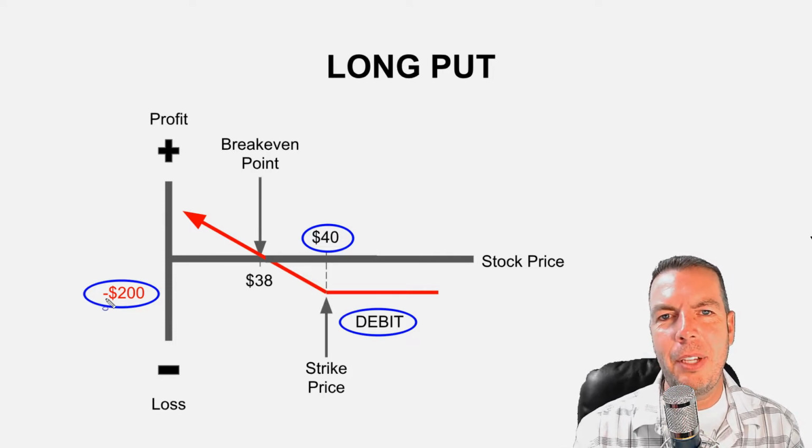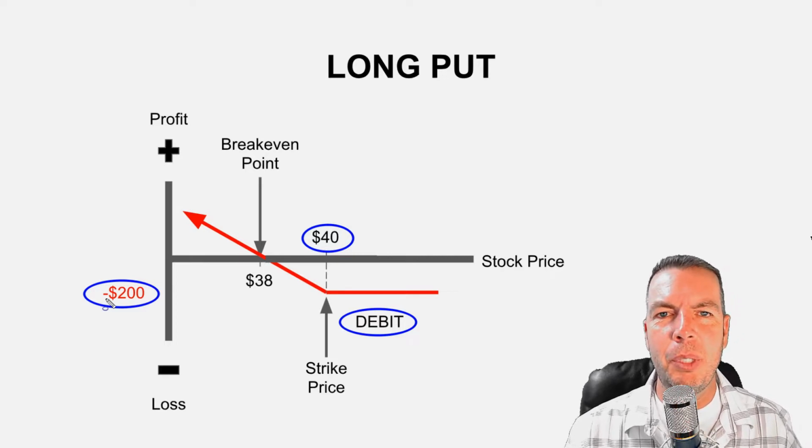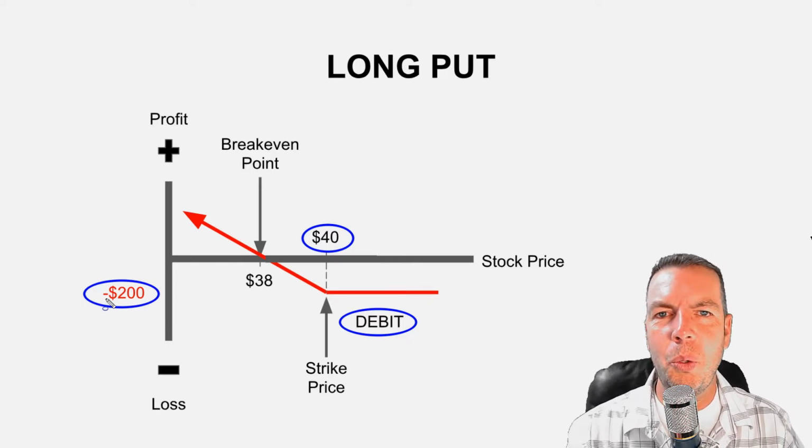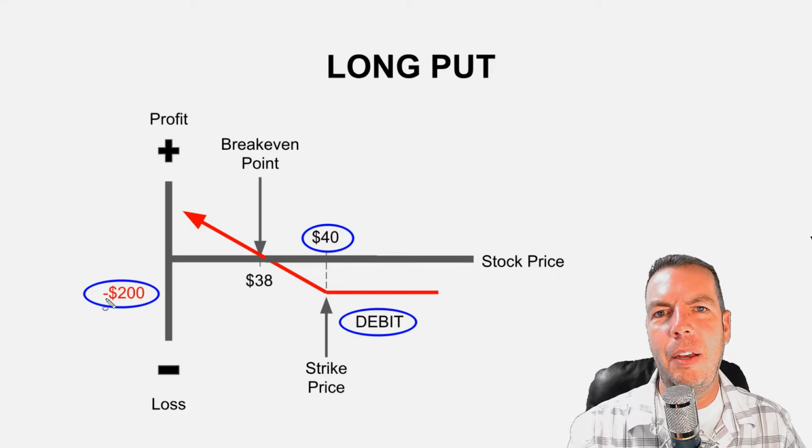So what we need that stock to do is to trade down at least $2. You remember, when we're trading options, each option contract controls 100 shares of stock. So $2 would be the equivalent of $200 in option talk.